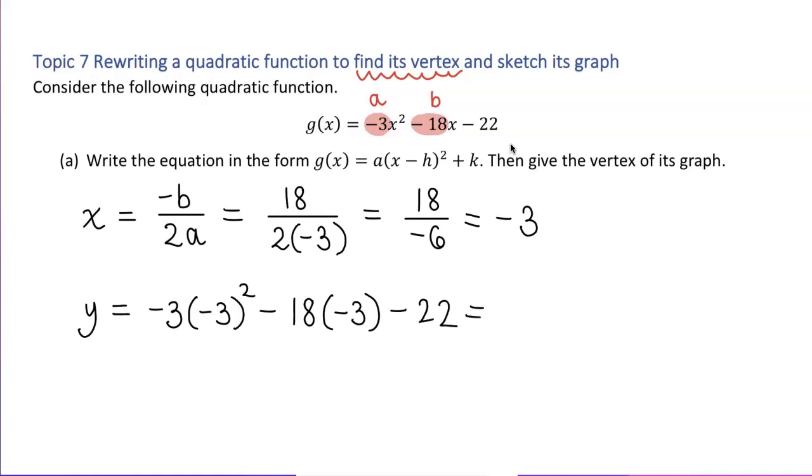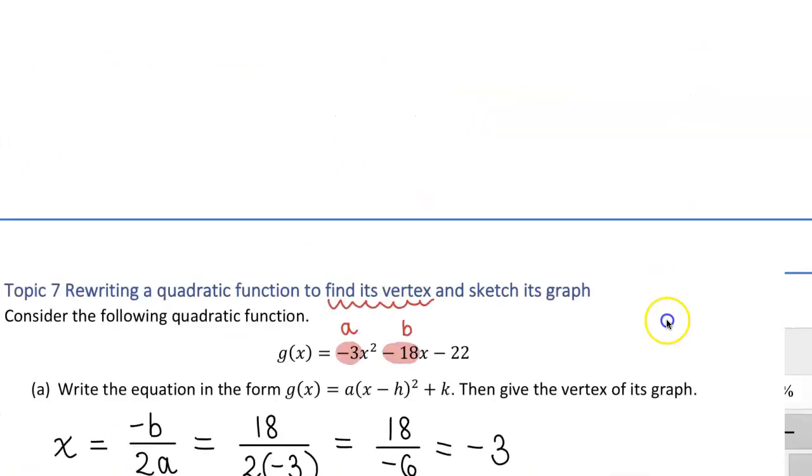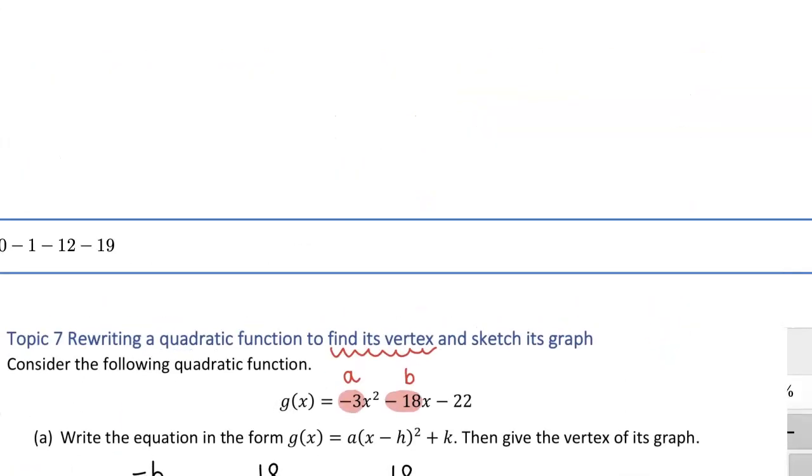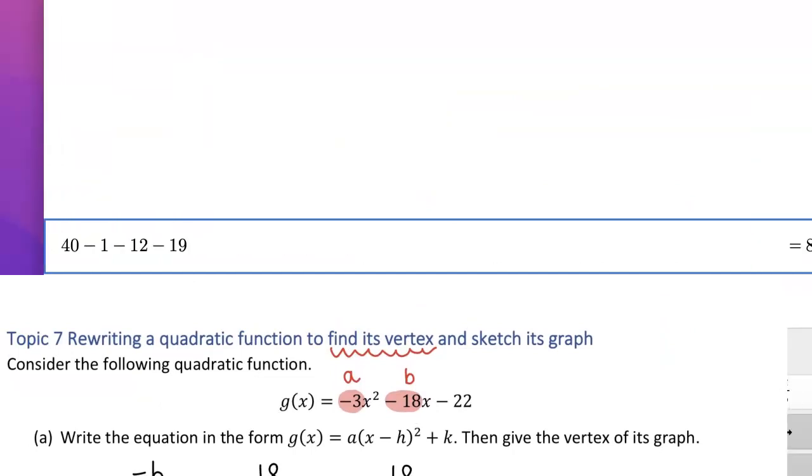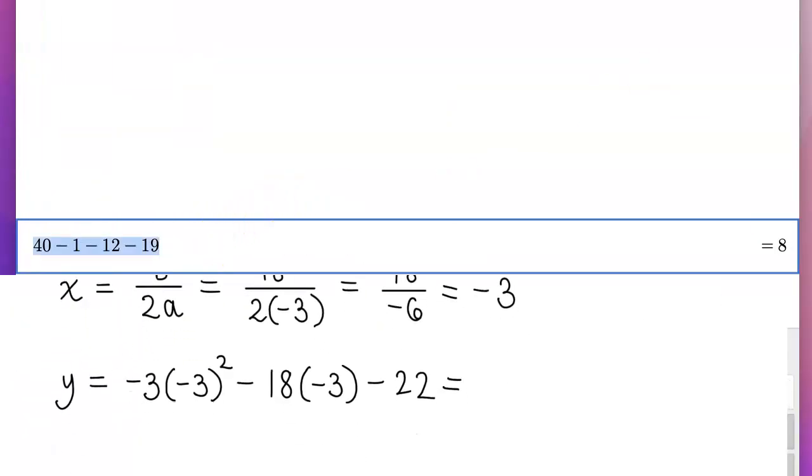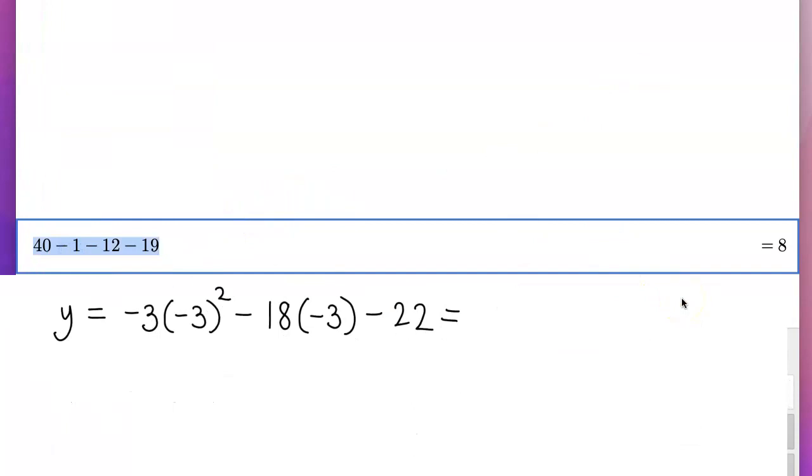I'm going to open up a scientific calculator to evaluate that. So I'm typing negative 3 times negative 3 squared minus 18 times negative 3 minus 22. The y-coordinate of the vertex came out to be 5.